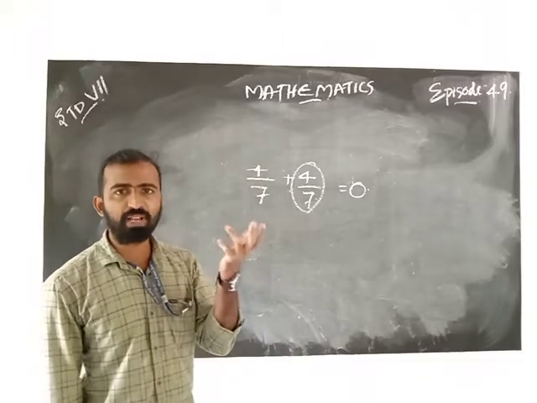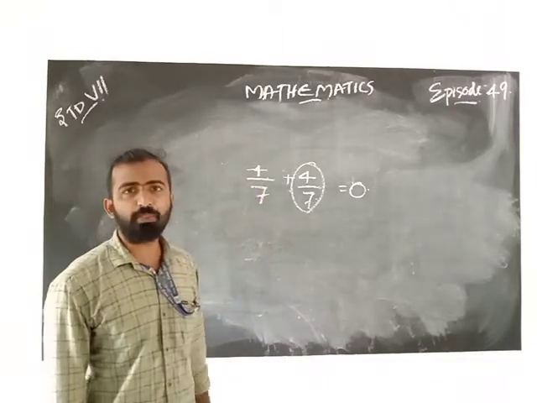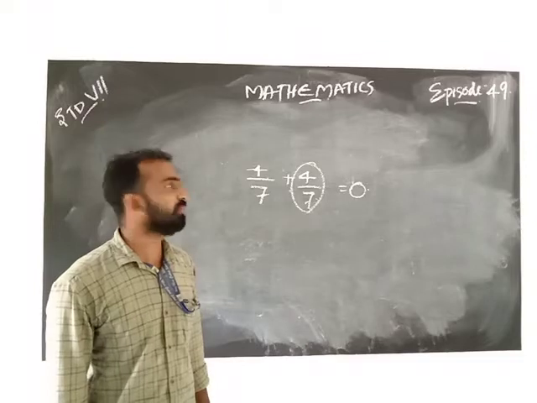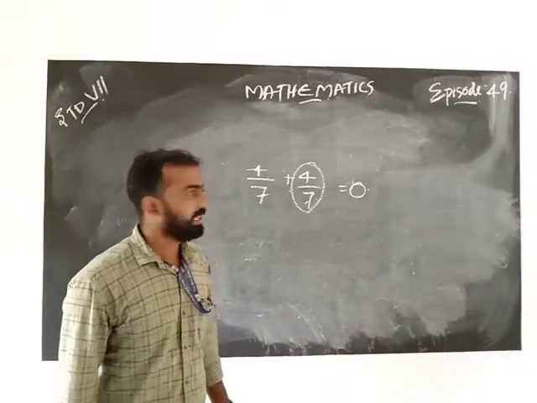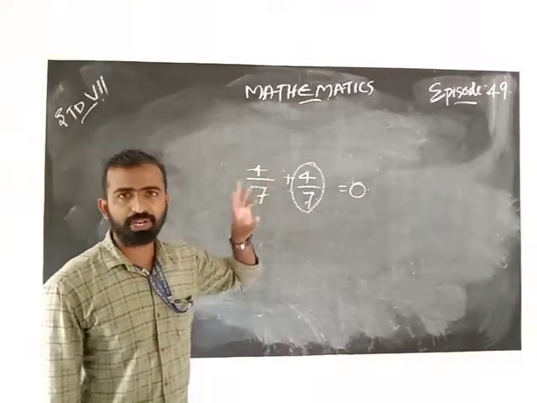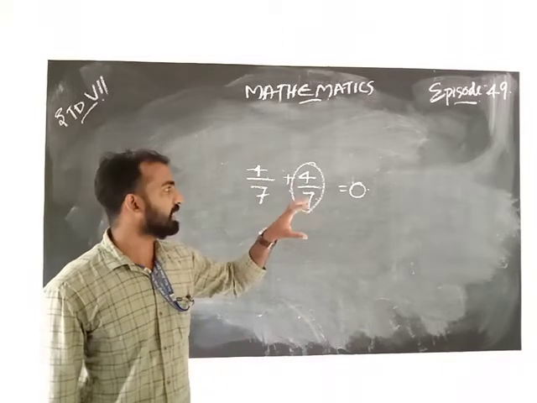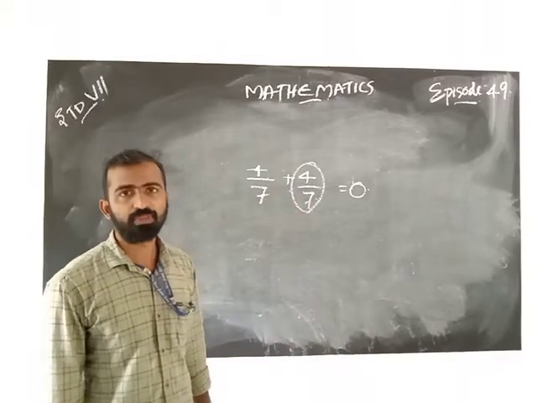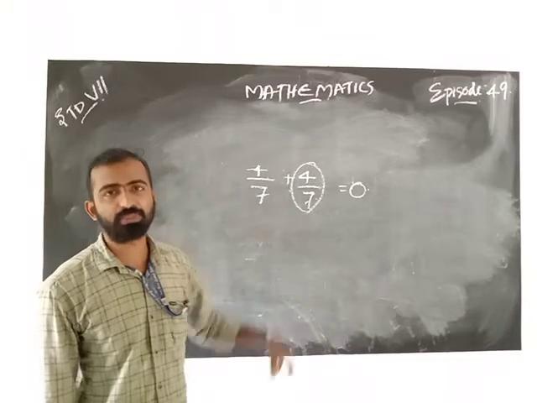Also, vice versa, negative 4 by 7 is the additive inverse of 4 by 7. When we add these two rational numbers, we get the result as 0.